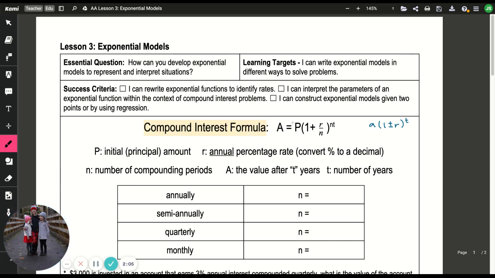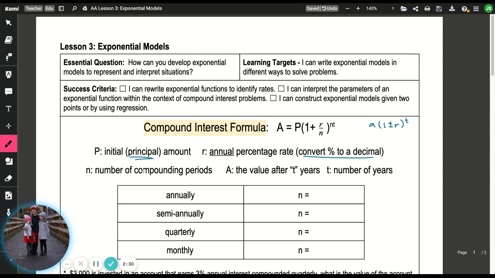So P in that spot is still your initial amount or your starting amount, but when we're talking about interest rates, we call it the principal. So principal means how much money you started with. r is the annual percentage rate. Again, you have to convert to a decimal, just like we did in lesson 2. n is the number of compounding periods.